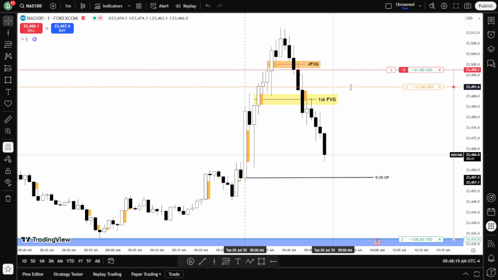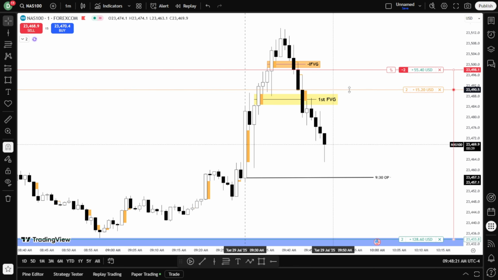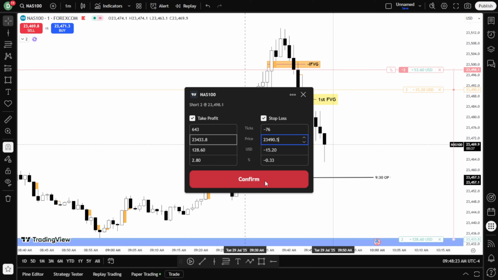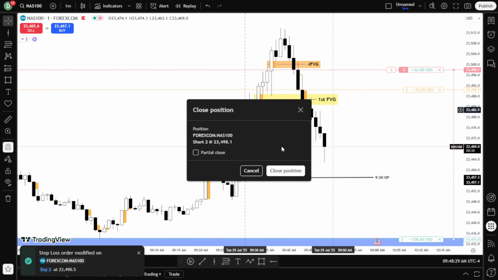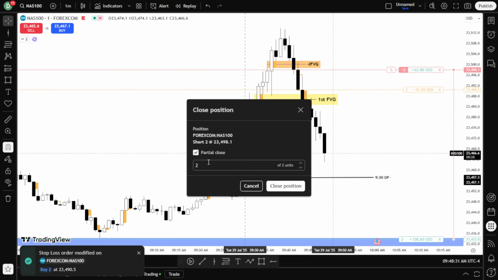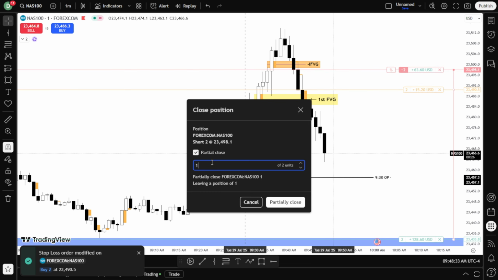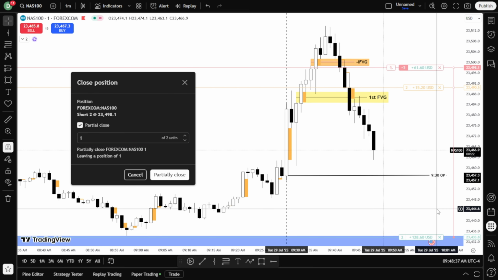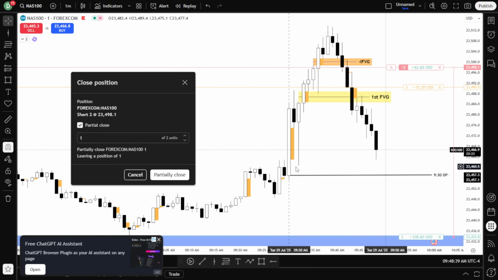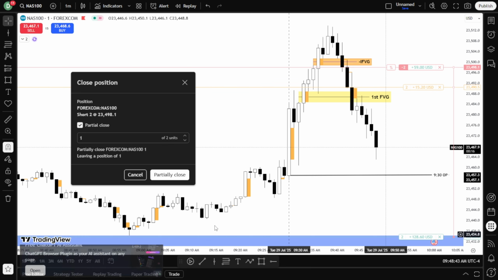Now I'm reducing the risk and increasing my profitability. Let's see if we can get below this low and below this 930 opening.